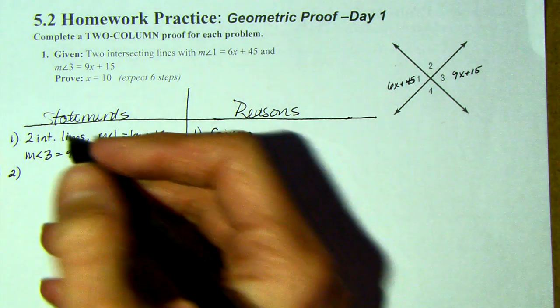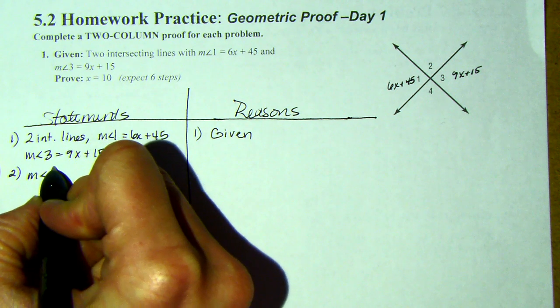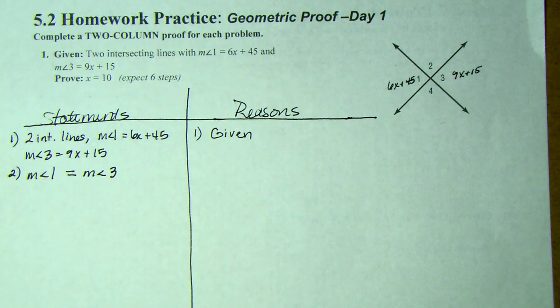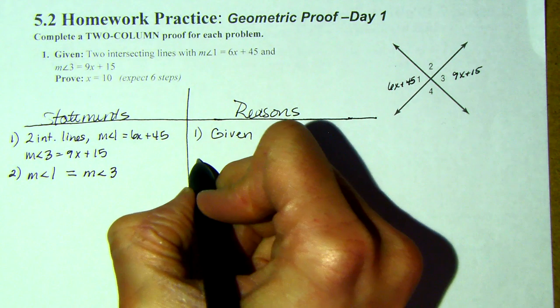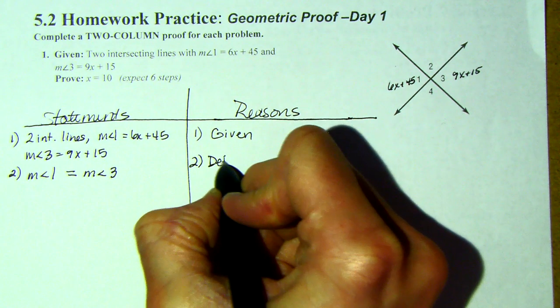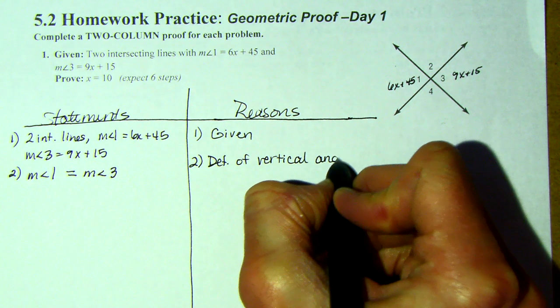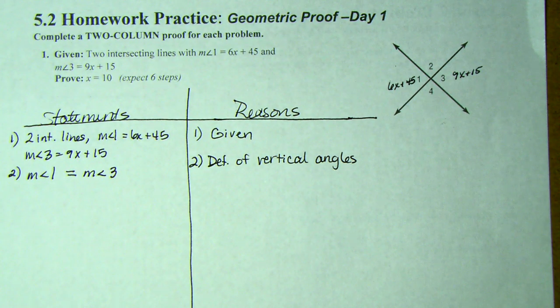Nope, not quite. How do I know that the measure of angle 1 is equal to the measure of angle 3? Bingo, right there. Now, I wrote definition of vertical angles, but honestly, if you just wrote vertical angles, I would be happy with that, okay?